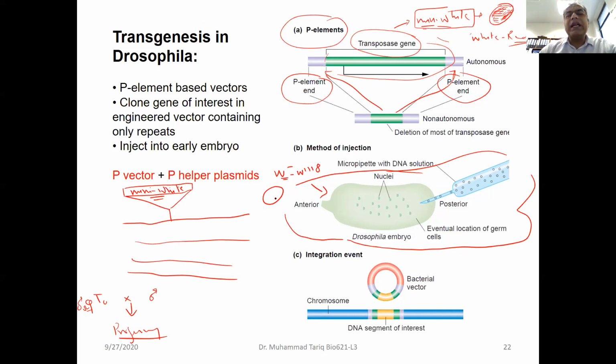So after injection, we expect that when mini-white will successfully get integrated, the progeny of this fly will be showing you red eyes.